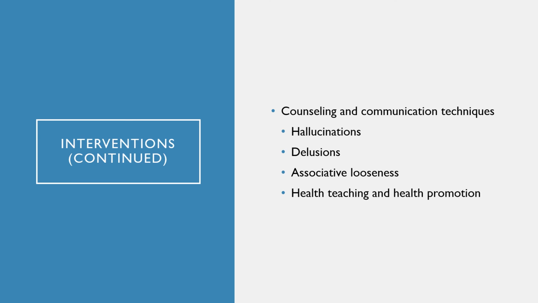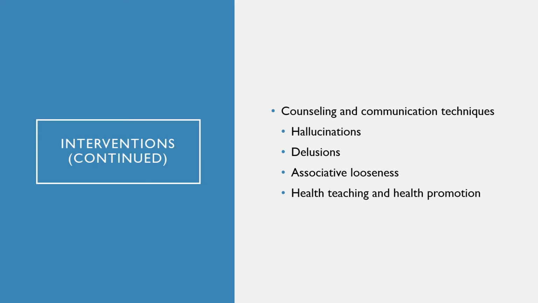If you don't understand, don't pretend that you understand. Place the difficulty understanding on yourself and not on your patient. So for instance, you could say something like, I'm having trouble following what you are saying. Don't say something like, you're not making any sense, right? Make sure the difficulty understanding is on you, not on them.